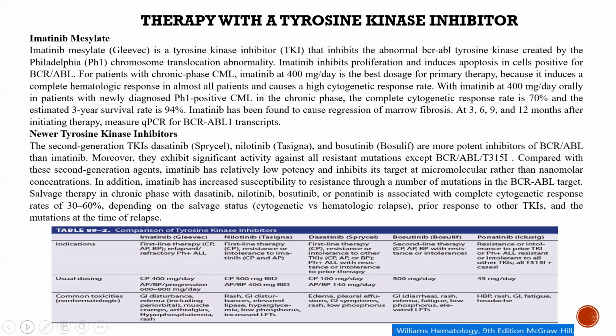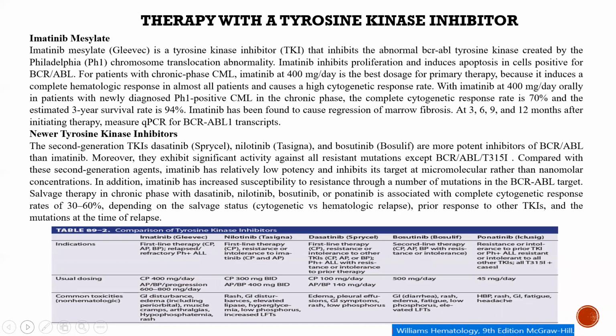The second generation of tyrosine kinase inhibitors is represented by dasatinib, nilotinib, and bosutinib, which are more potent inhibitors of BCR-ABL than imatinib. Moreover, they exhibit significant activity against all resistant mutations except BCR-ABL T315I.